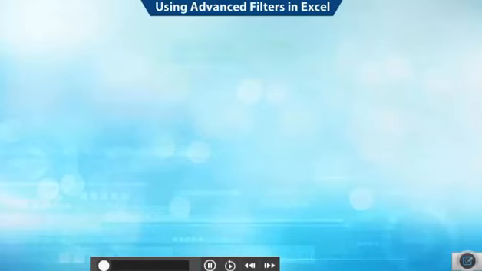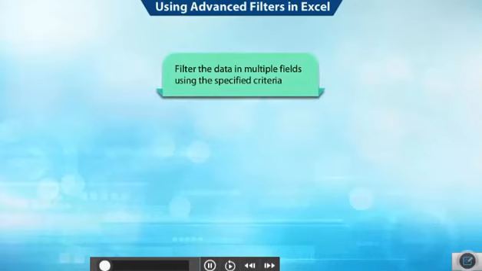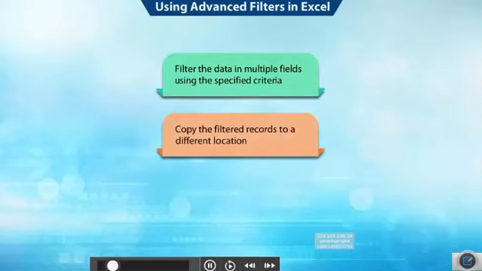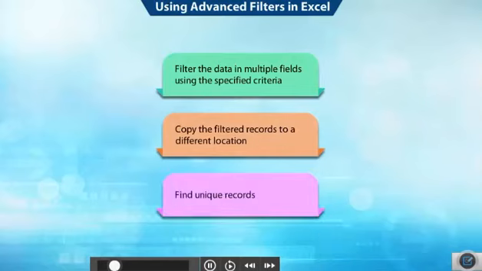However, if you want to filter your data using multiple conditions, you cannot use the auto filter option. You need to use the advanced option. You use the advanced option to filter the data in multiple fields using the specified criteria, or to copy the filtered records to a different location, or to find unique records.